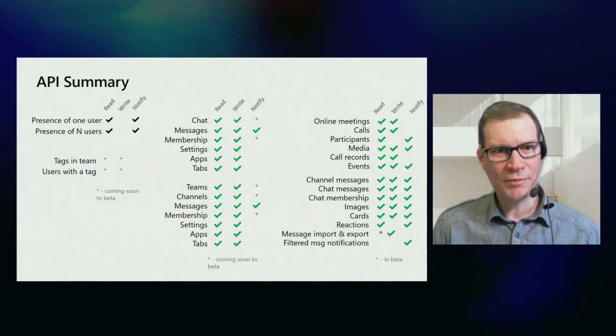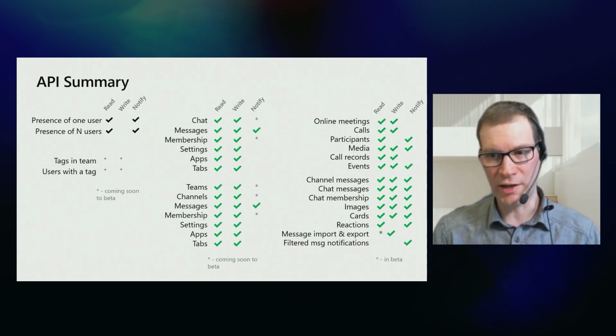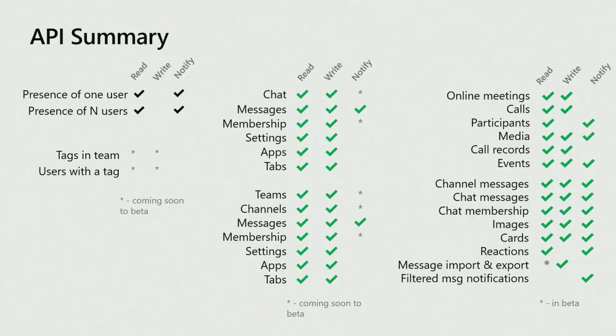All right, wrapping things up. We talked about how to use the presence and the tags APIs to figure out who's available in your organization with a given skill set. We talked about the APIs for working with chats, how you can automate your chat lifecycle, creating chats automatically, adding users to them, installing apps and tabs, sending messages, and then reading those messages out when you're done.